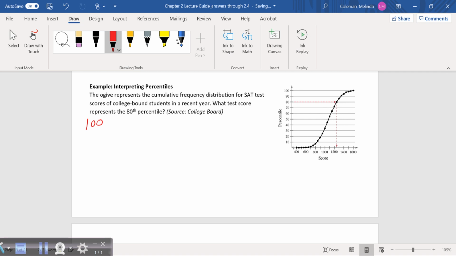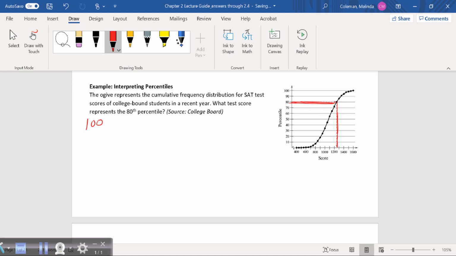So an ogive, remember, represents the cumulative frequency data for SAT scores. What is the score that represents the 80th percentile? So if I look at percentile going across my graph, and then going down from there, that's at about 1250, not quite 1300, maybe 1260.